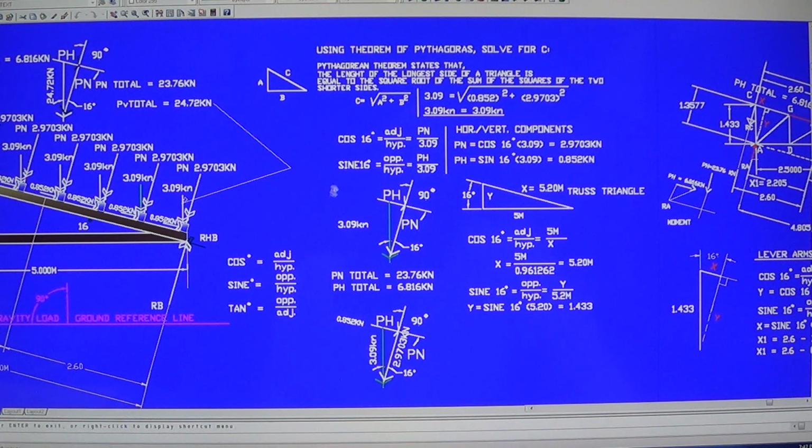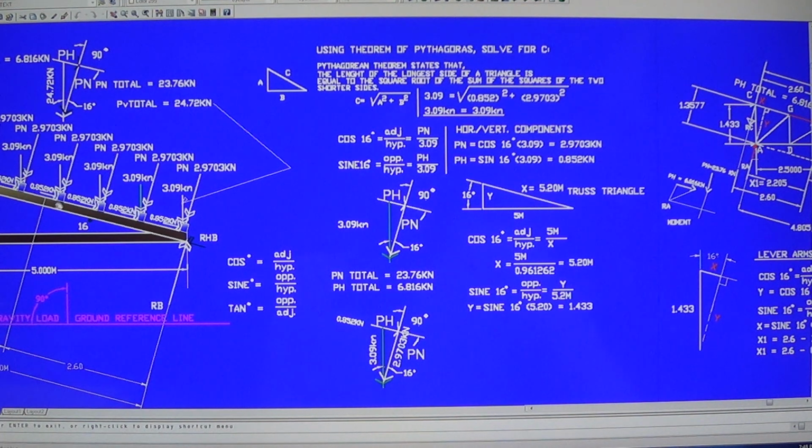So sine 16 degrees is the opposite over the hypotenuse, and cross multiplying, pH becomes sine 16 degrees times 3.09, you get 0.852. So we have the individual horizontal and vertical components now.